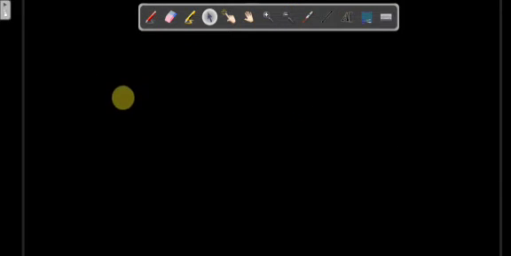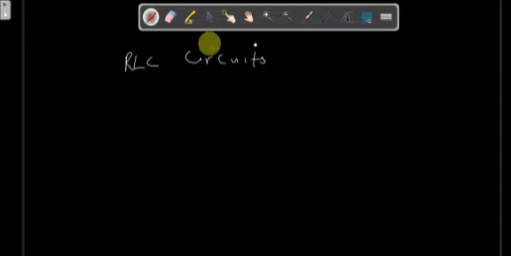Okay, now we're going to take a look at RLC circuits. RLC circuit means resistor, inductor, and capacitor connected in series. So that's the meaning of RLC circuits.